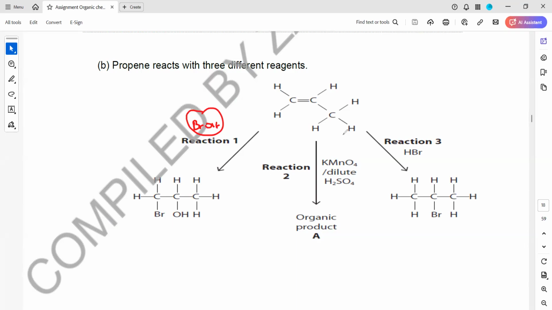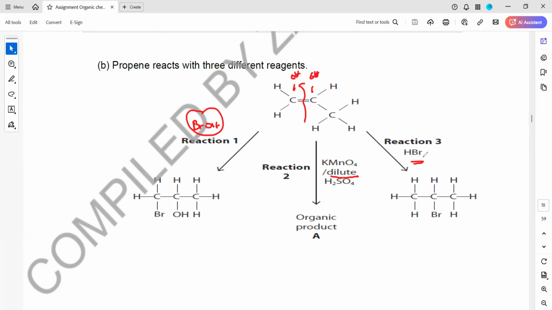KMnO4 in sulfuric acid, it's dilute. If it was concentrated, then the double bond would break, and it's an oxidation reaction, but it's dilute. So as a result, what will form? It will form a diol. The reaction will be oxidation and it will form a diol. The double bond will break and one OH will be attached here, another will be attached here.